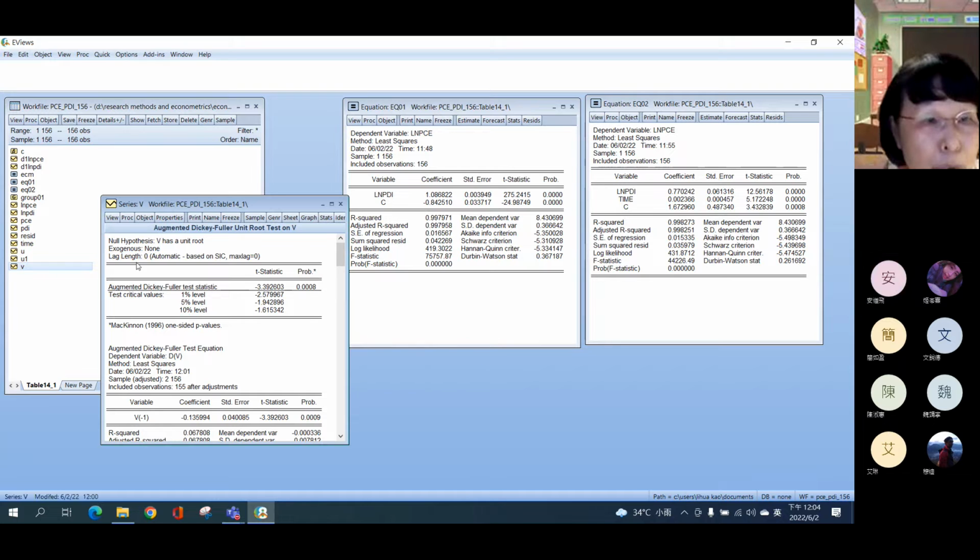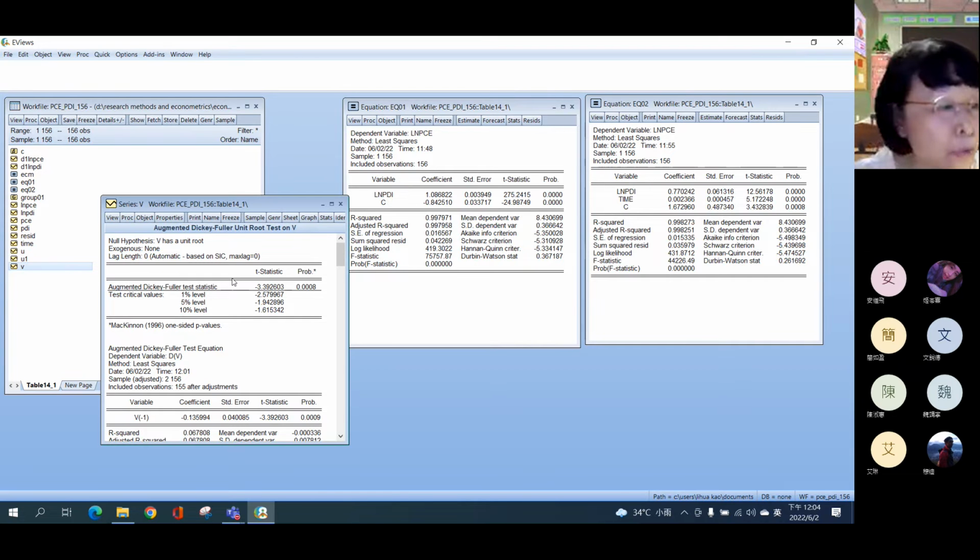If this residual passes the Dickey-Fuller test, I mean, if this residual is stationary, then this is what we call co-integration.